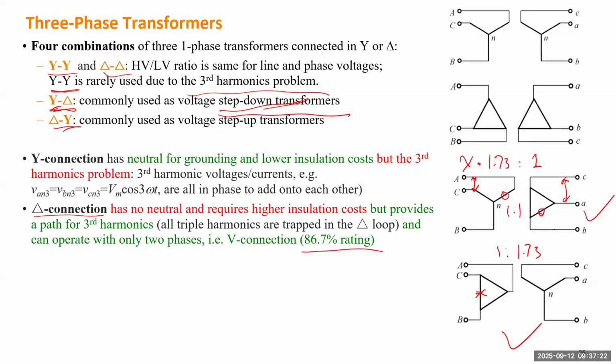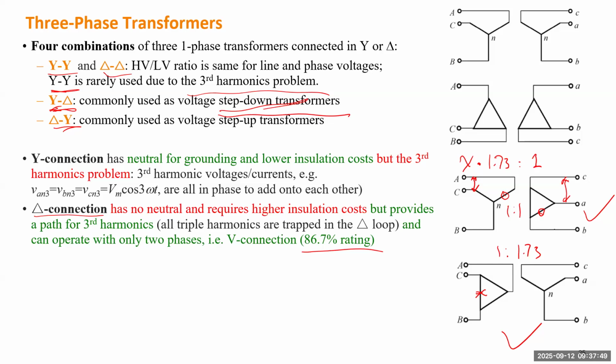Have you done the calculation for Y, around 87%, in 325? You can try. It's very simple. I won't go through that one in this class, but basically you calculate the rating. For example, with the full delta, the line current will be the sum of the two phase currents.